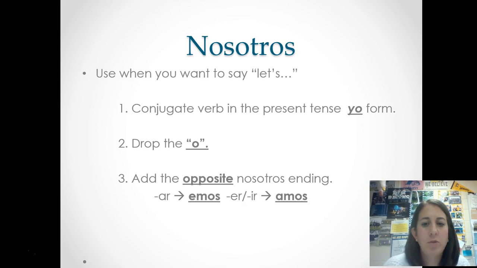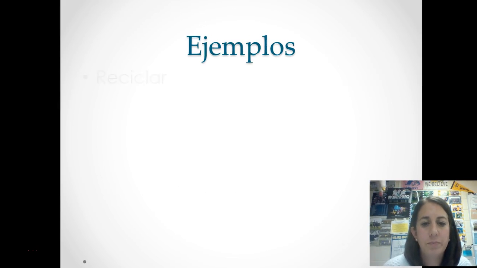All right, so you're going to conjugate it, same rules: conjugate it in the present tense yo form, drop the o, add the opposite nosotros ending. So if it's an AR verb, it's going to be emos with an E. And if it's an ER or IR verb, it's going to be amos. Okay, so those rules are the same.